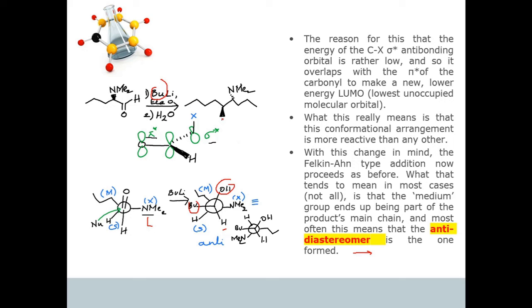So this is my OH, and you can see here my OH and my N-dimethyl group are anti to each other. I am just redrawing this structure, and when I redraw it, I end up with an anti diastereomer.